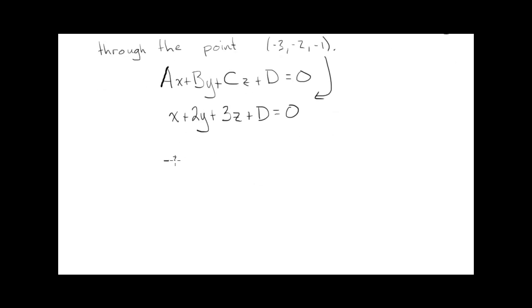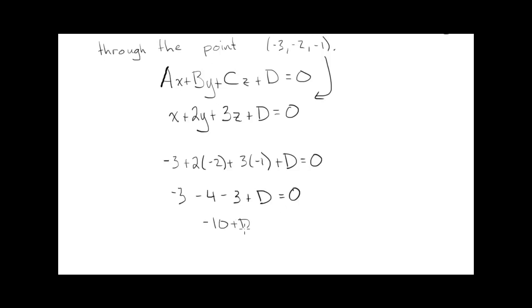So 1 times -3, plus 2 times -2, plus 3 times -1, plus D equals 0. Now just solve for D. -3, -4, -6, plus D equals 0. So that's -10 plus D equals 0. Therefore, D equals 10.